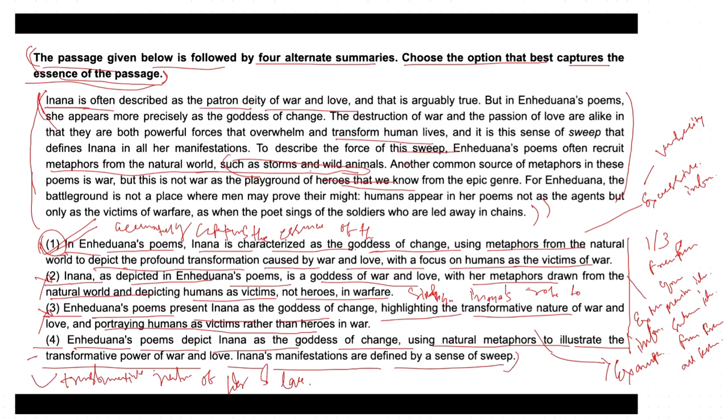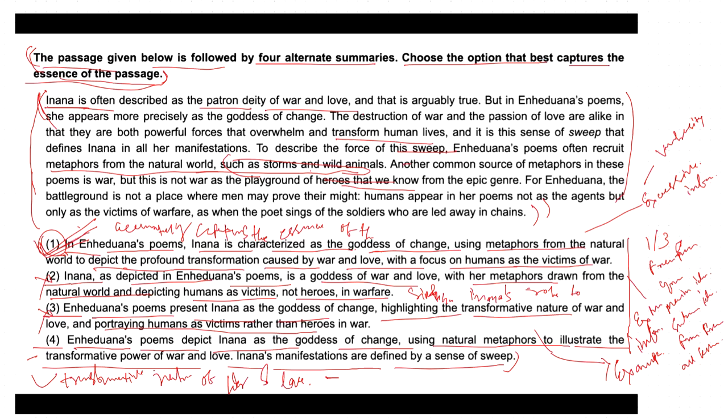In summary, option one is the correct choice. Why? Because it accurately represents the central themes of the passage, including Inanna's role as the goddess of change, the use of natural metaphors to depict transformation, and the portrayal of humans as victims in war.